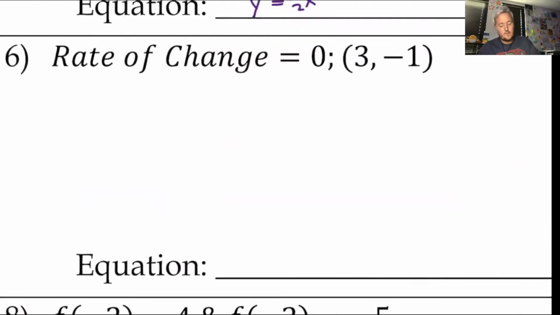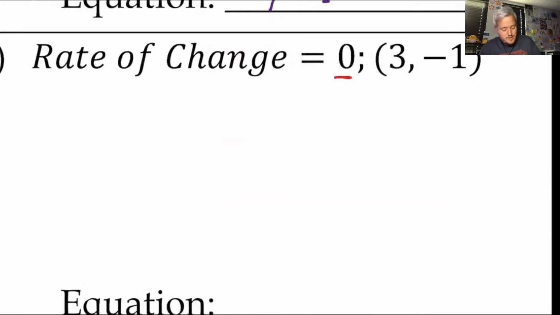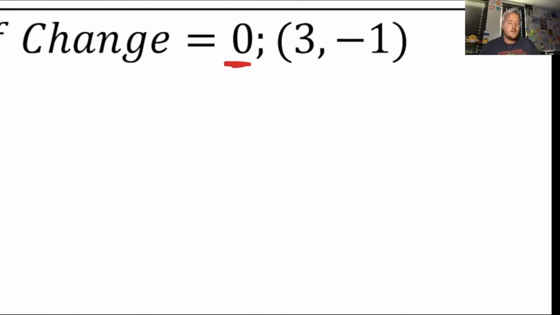All right, now looking at number 6. So this one's not nearly as intuitive just because of your rate of change. So your rate of change here is 0. So what that means is this is actually going to be a Hoybuck's problem.